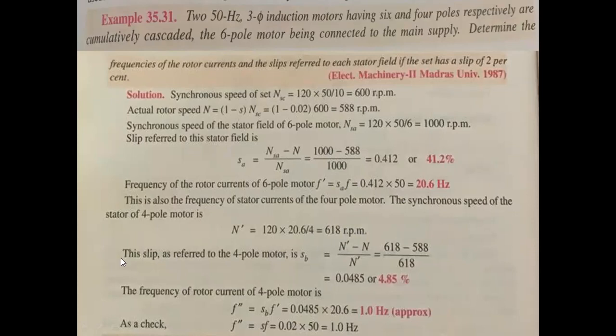And the second slip we have to find. Slip SB is equal to N dash minus N by N dash. N dash is 618 RPM and N is 588 RPM. So 618 minus 588 divided by 618 gives a slip of about 0.0485 for motor B. At the same time we have to find the frequency, denoted by F double dash, which is equal to SB into F dash.